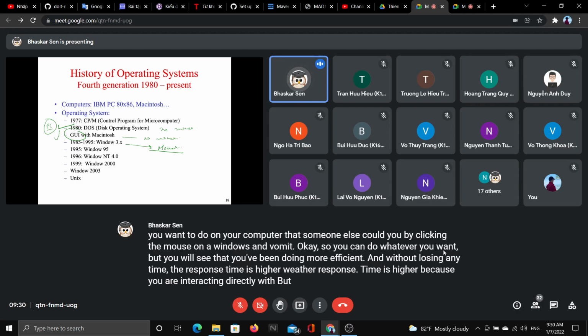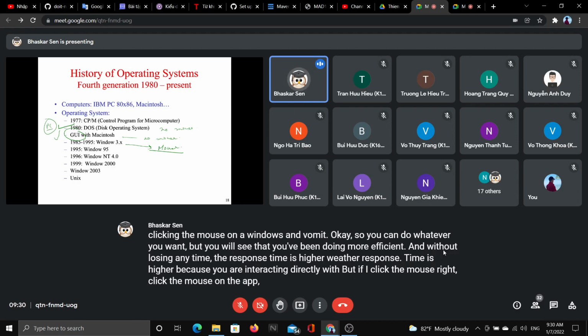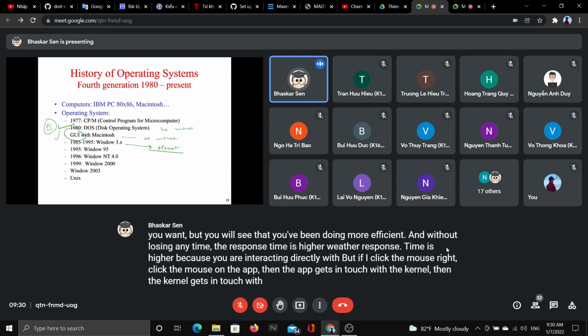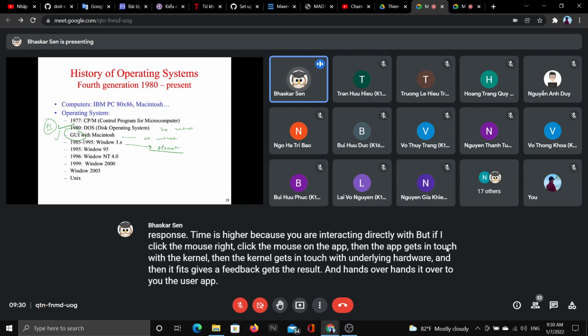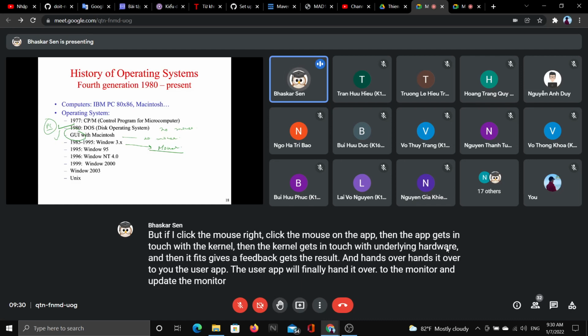But if I click the mouse on the app, then the app gets in touch with the kernel, then the kernel gets in touch with the underlying hardware, and then it gives feedback, gets the result, and hands it over to the user app. The user app will finally hand it over to the monitor and update the monitor, and then I will see it.